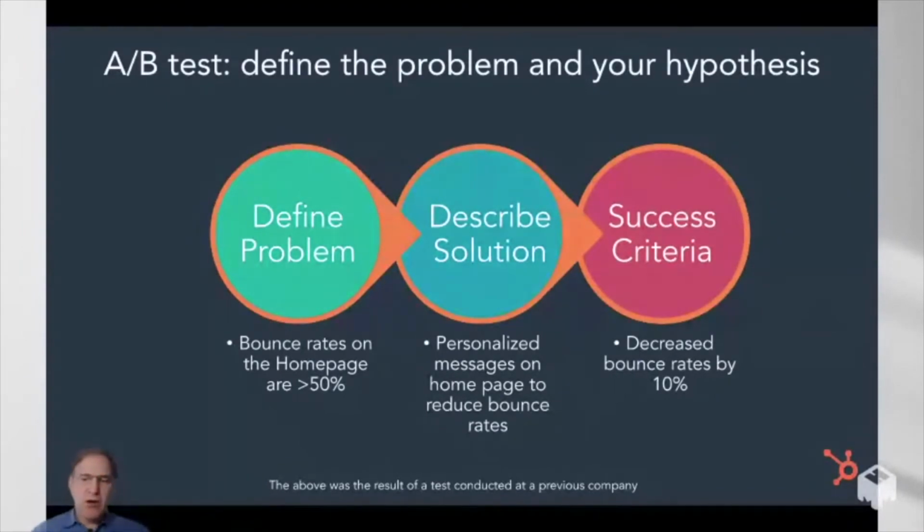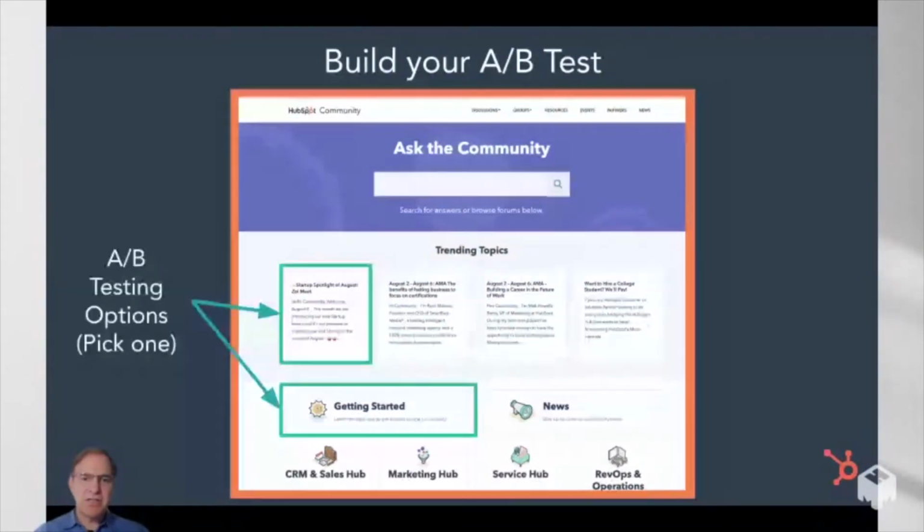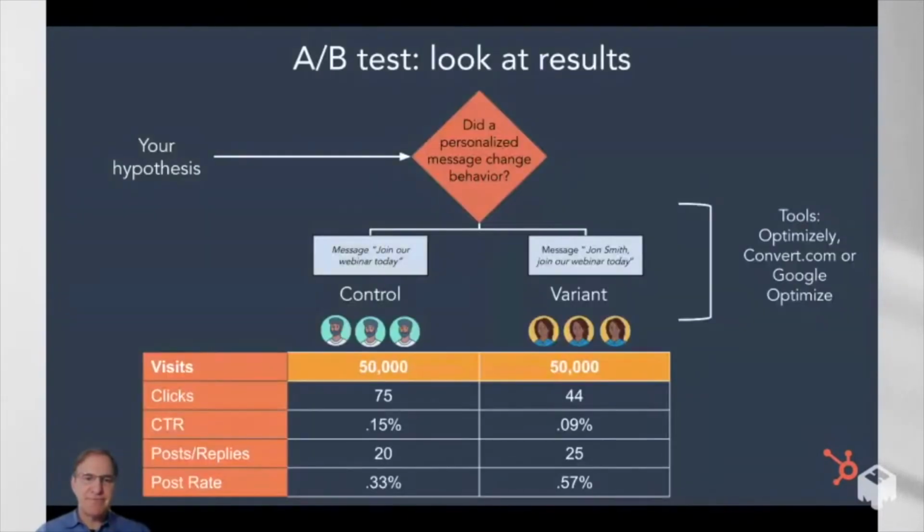And the goal is to reduce bounce rates by 10%. So you're setting up your simple A/B test. Here's the HubSpot community homepage. You can determine where you want to run those tests. If you really want to be significant on this, you only want to test in one place, and you only want to run the A/B test through a period of time where you can get a significant amount of results.